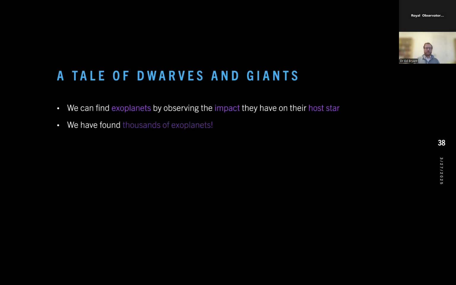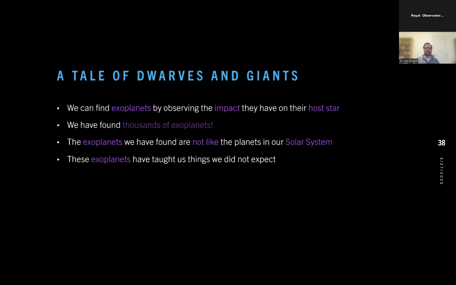Using these methods, we found thousands and thousands of exoplanets, which are nothing like anything we've seen in the solar system at all. These are very strange, very new, very weird objects. And by looking at these planets and studying them and their populations, we can learn things about our galaxy, about how these planets form and evolve that we would never have expected before.